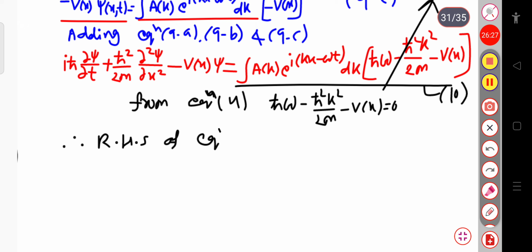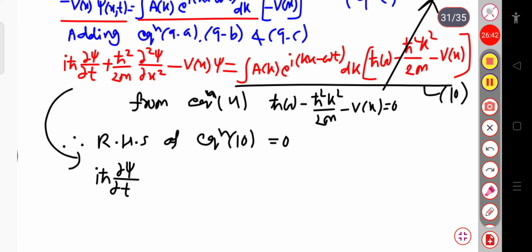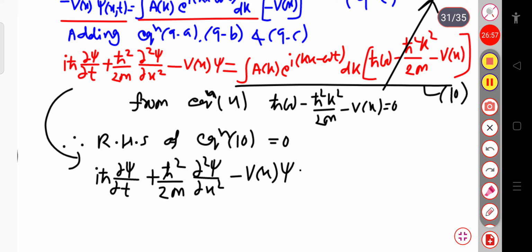So we can write the left hand side as i h cut dou psi by dou t, where psi means psi of x,t, plus h cut square by 2m into dou square psi by dou x square minus V of x into psi. This will be equal to 0 because the right hand side term goes to 0.